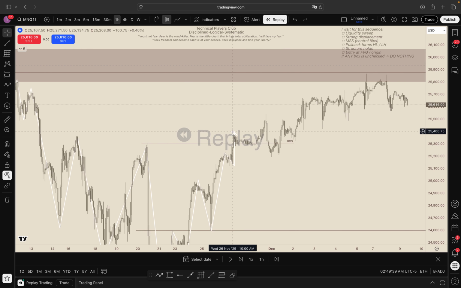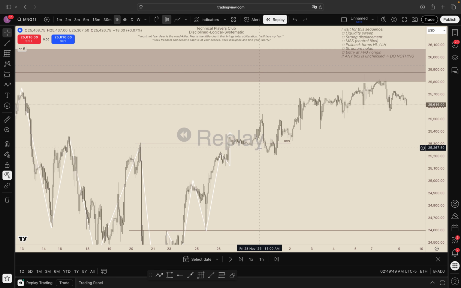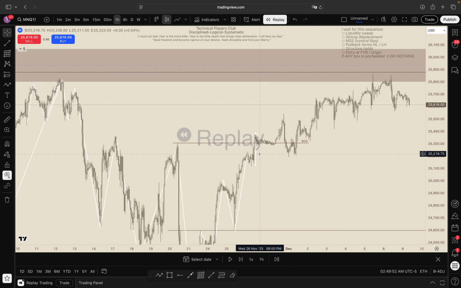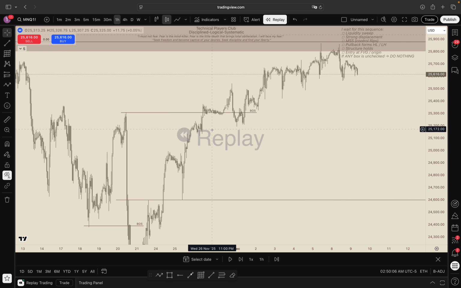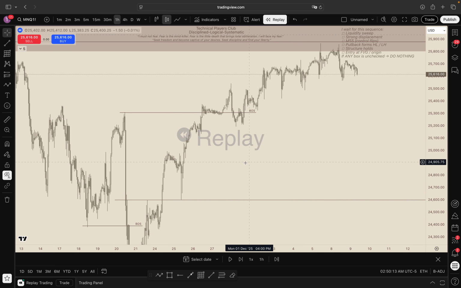That took that. So once price comes up, we're getting a market structure shift here, lower low. So we're getting higher lows. Now we're getting higher lows, higher highs. As it pushes up, when it breaks this structure right here, we have another breaking structure, also known as, some people call this a change of character.